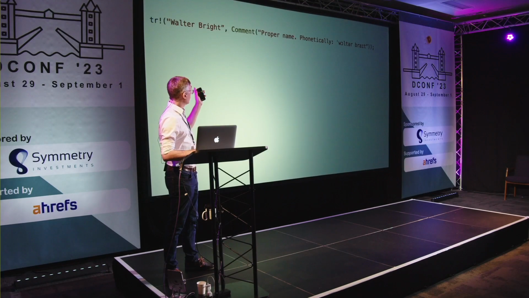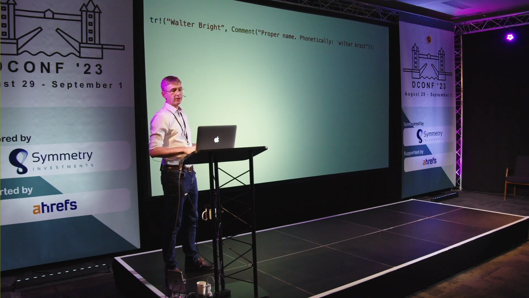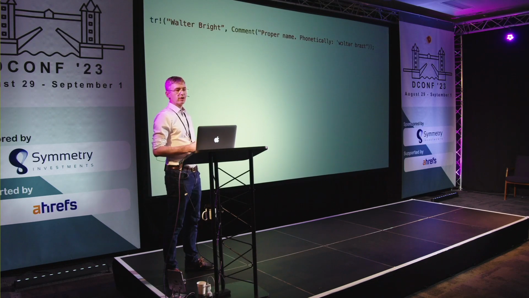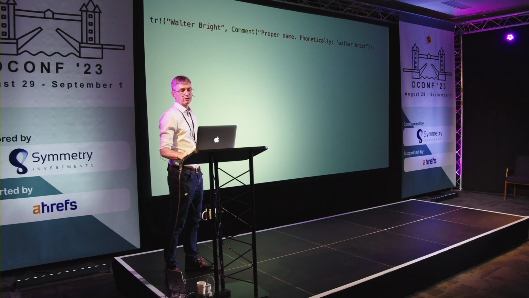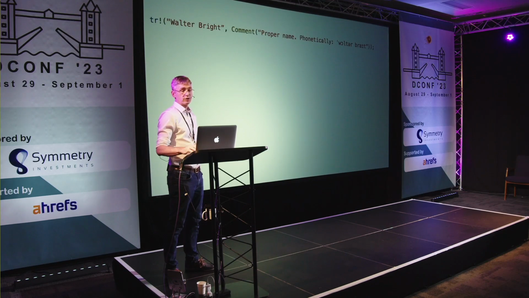And by the way, translating proper names is not a bad idea. When translated to Japanese, for example, the translator will want to approximate the pronunciation of the name in katakana script. And by using the International Phonetic Alphabet in the comment, the correct pronunciation can be communicated to the translator.